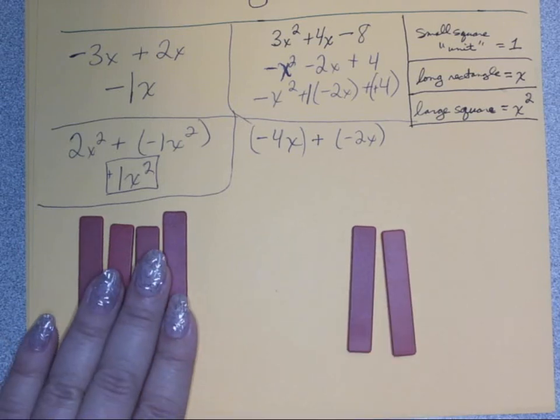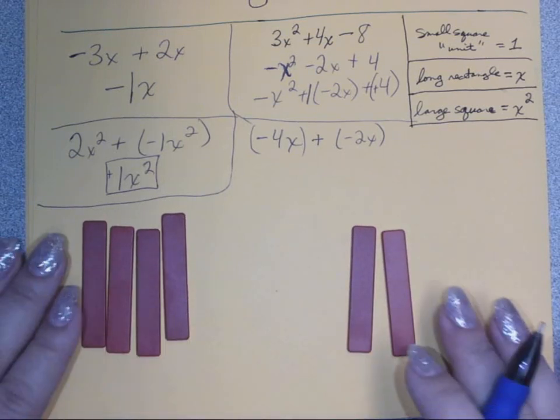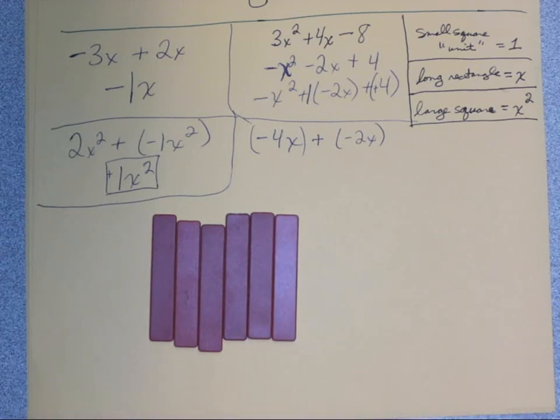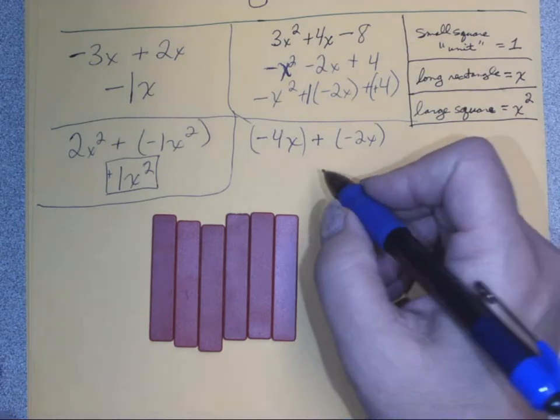So this one's actually pretty nice for the kids because all they have to do is group them together, because nothing's zeroing out, right? And say, hey, there's negative 4x and there's negative 2x, and that's a total of negative 6x, right?